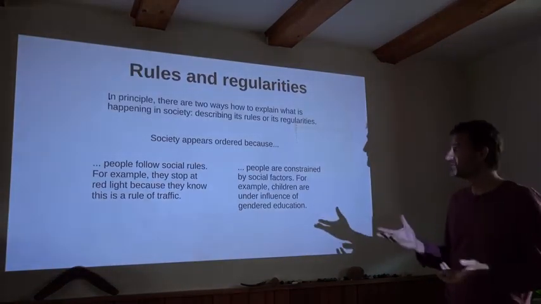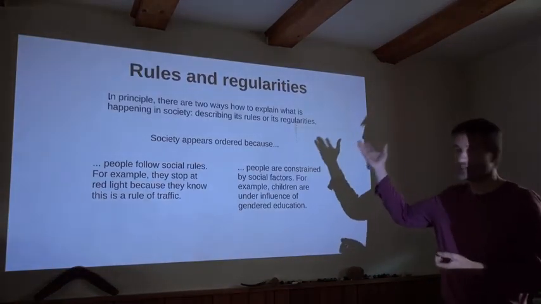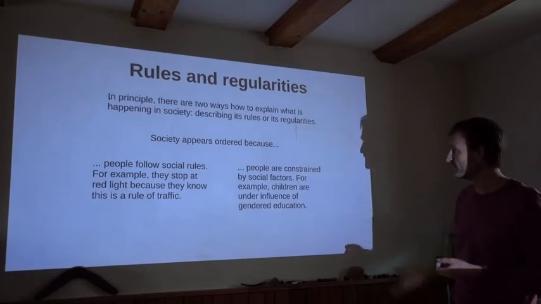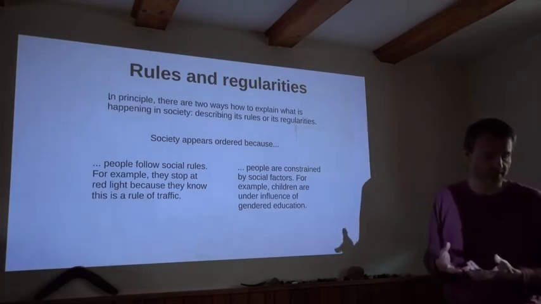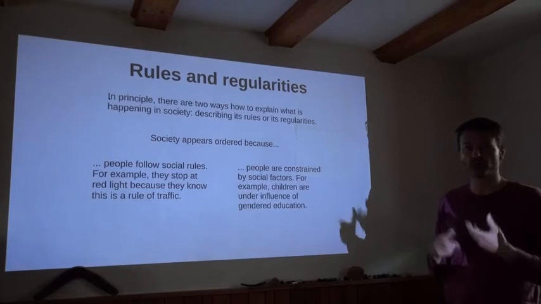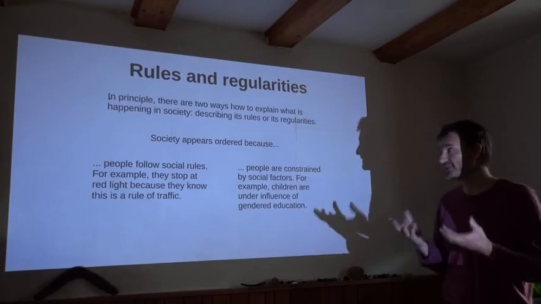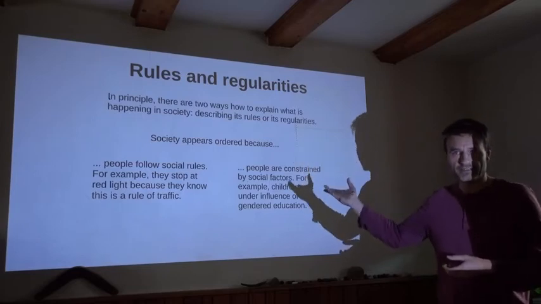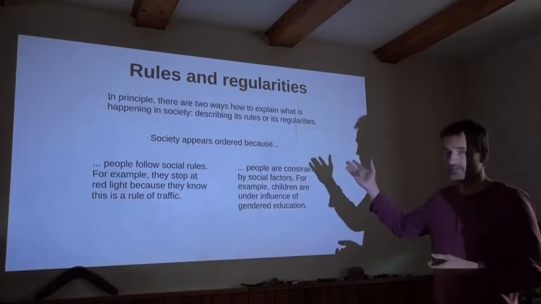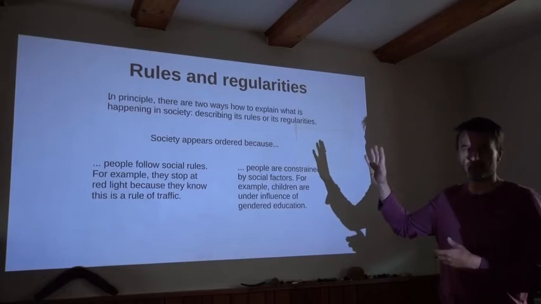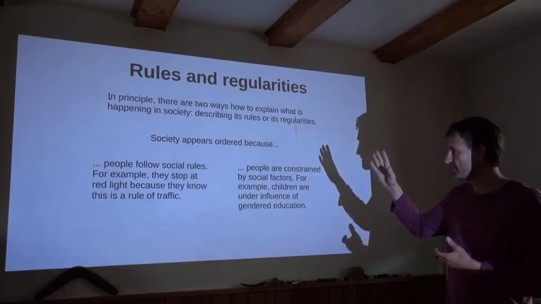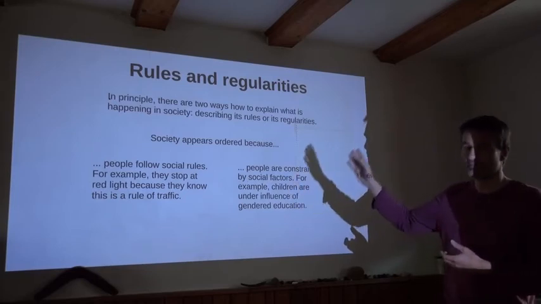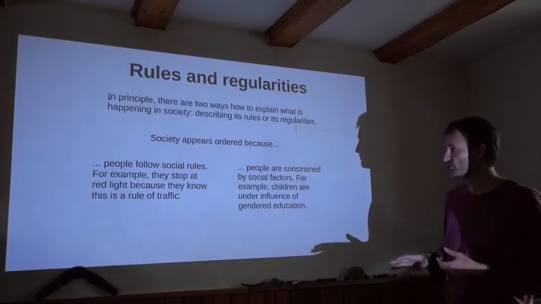To summarize, in principle, there are two ways to explain what is happening in societies: describing social rules or social regularities. Society appears ordered, and we can choose, because people follow social rules.